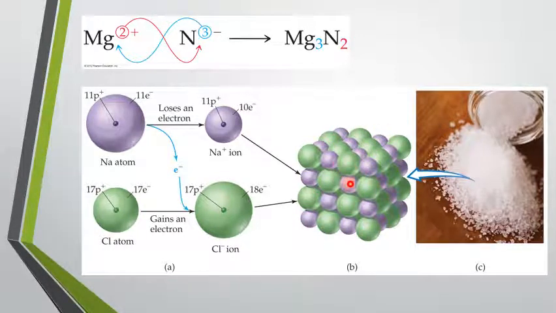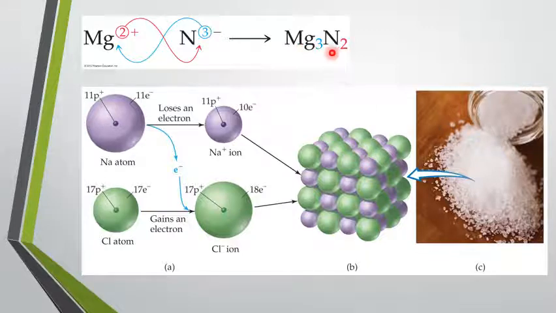Now, there are some different shapes to these structures, as in how many atoms are around each other, how many positives are around a negative, but we don't have to go that deep into structures in this class for crystals, but we do need to see that ionic compounds do come in crystals.